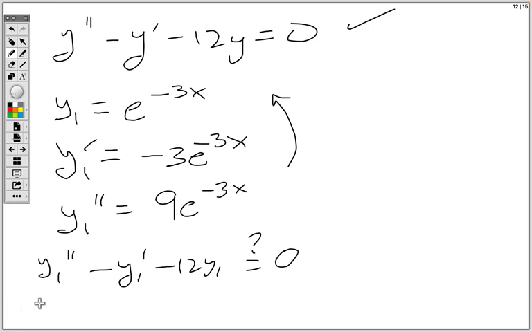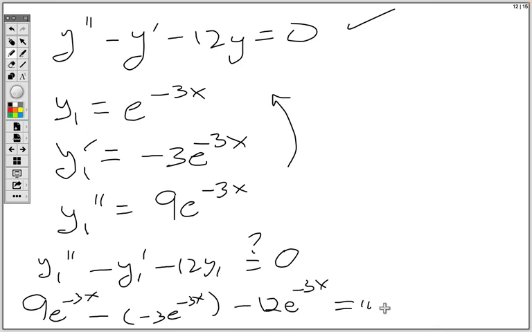Let's find out. 9e to the minus 3x minus -3e to the minus 3x minus 12e to the minus 3x. Well, you got 9 plus 3 minus 12. By golly, that's equal to 0. So it's a non-trivial solution because it's not identically 0 and it satisfies the differential equation. I'll leave it to you to work through the details with y2 equals e to the 4x in the privacy of your own home.